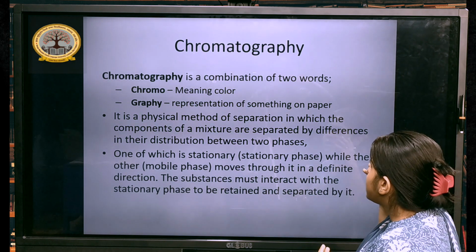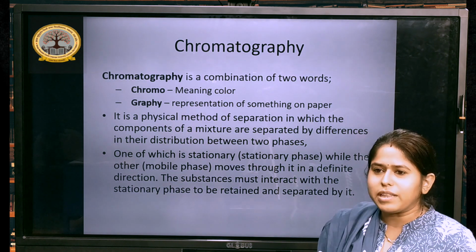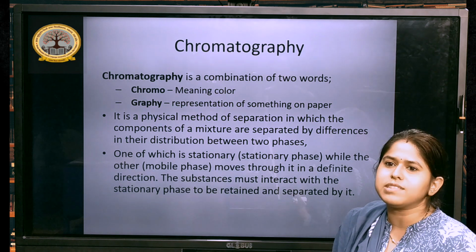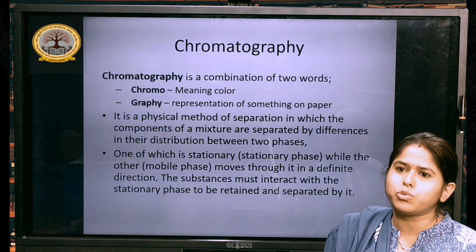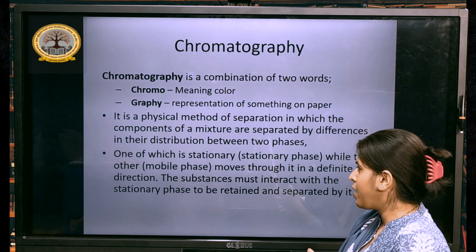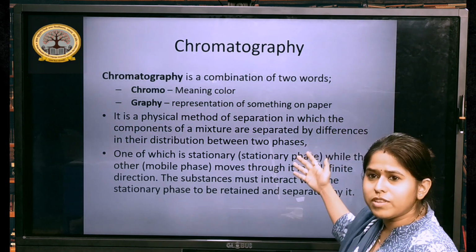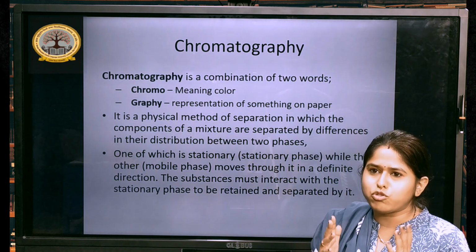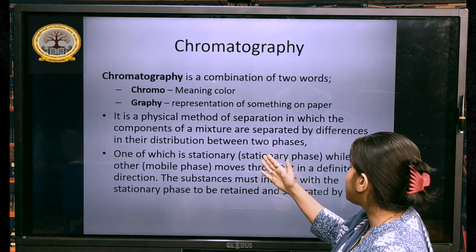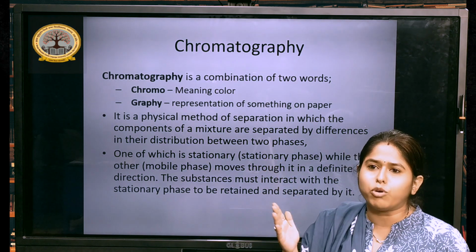Chromatography is basically a separation technique, a separation method with the help of which we can separate a mixture of compounds into individual components of it. And we achieve this target with the help of two phases: the stationary phase and the mobile phase.